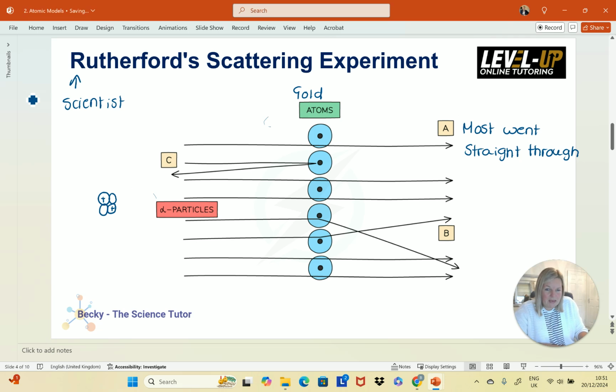At part B, what he discovered is that some of those alpha particles, so not many but some, were deflected.